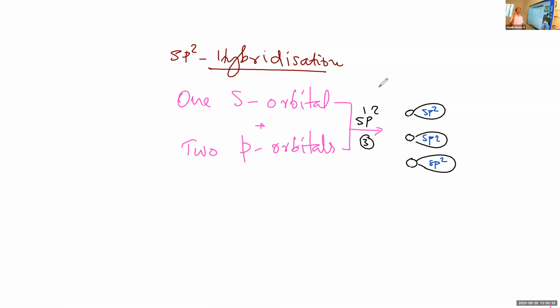This minimum repulsion is attained if the orbitals are directed towards the corners of an equilateral triangle. See here, it's an equilateral triangle. At the center there is the atom which is undergoing sp2 hybridization.